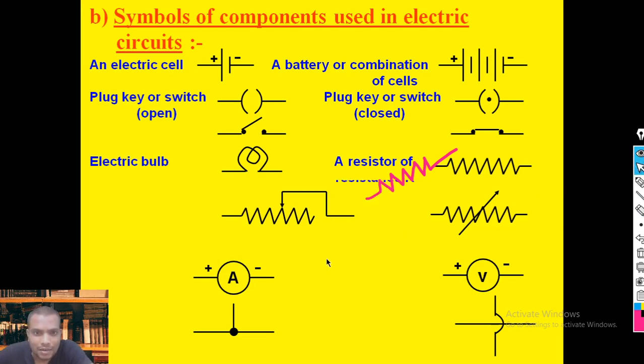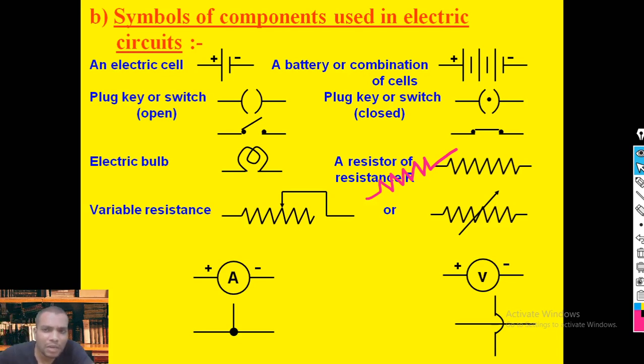Next, in electric circuits sometimes the resistance has to be changed, which is called a variable resistor. Just like a fan regulator controls the speed of the fan, with a variable resistance the resistance can be changed.